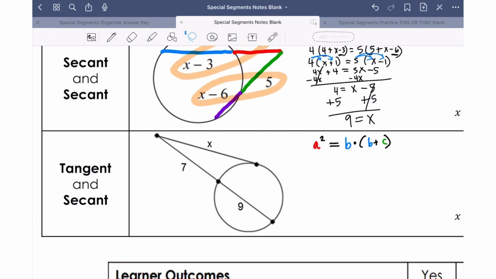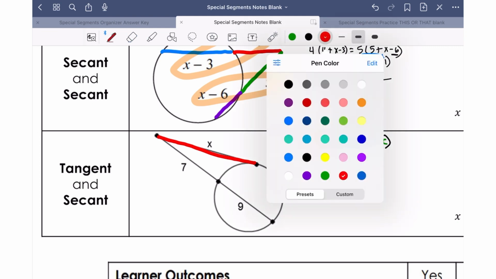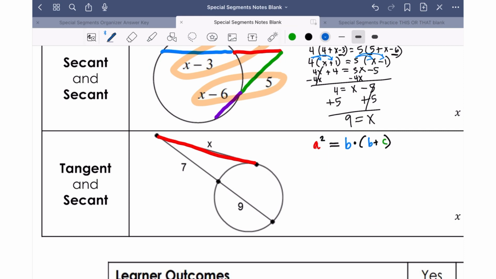Who is it? You got it? Who's tangent? The X is tangent. So take your color. This is the tangent. Who is the outside part of the secant segment? That's going to be 7 right here. That's the outside. And then the other part is 9.